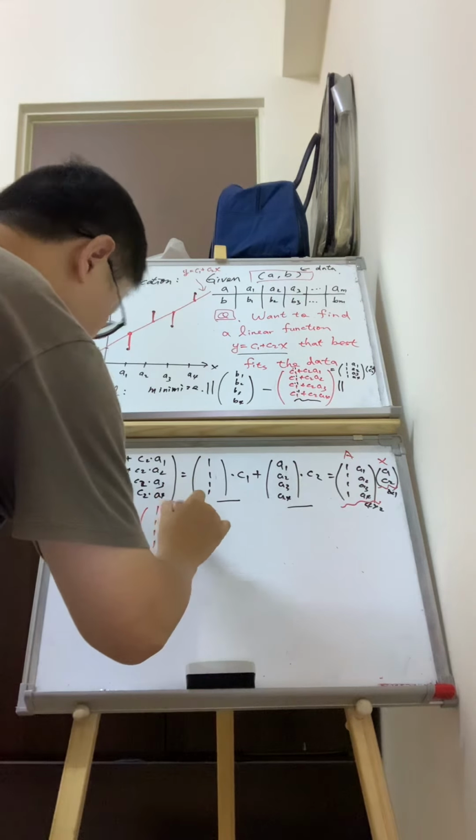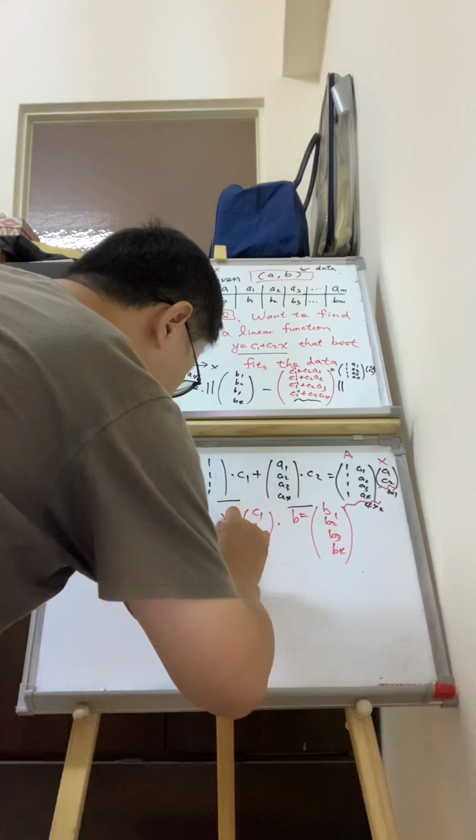And the vector x is c1, c2, and then the vector d is b1, b2, up to b4.